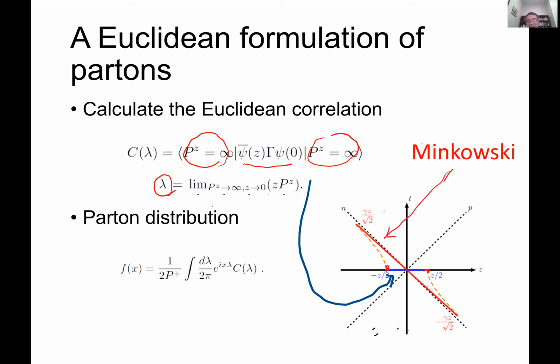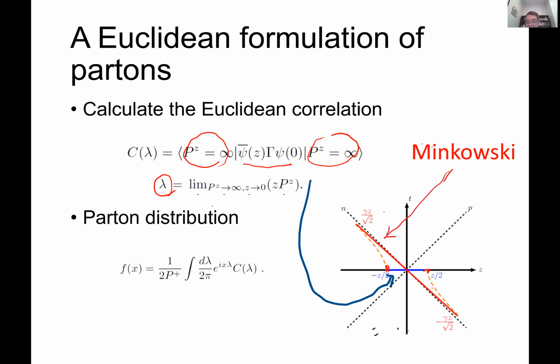And so the relationship between these two Parton formulations is just the infinite Lorentz boost. So when you have a line segment, which looks like a blue one, if you boost it to the infinite momentum frame, you will get this red light-cone correlation.